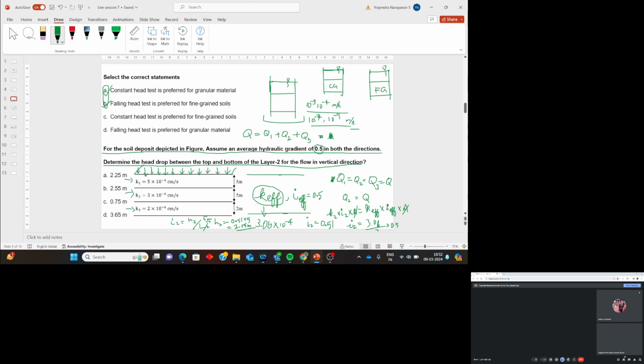Sir, where hydraulic gradient is constant? Yes, obviously in horizontal flow, hydraulic gradient has to be constant. Discharge will be different.